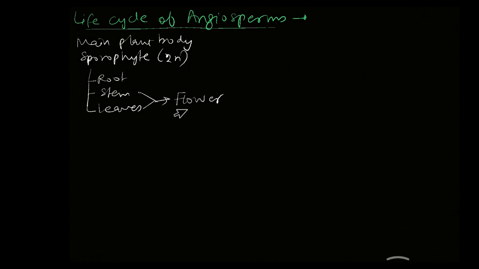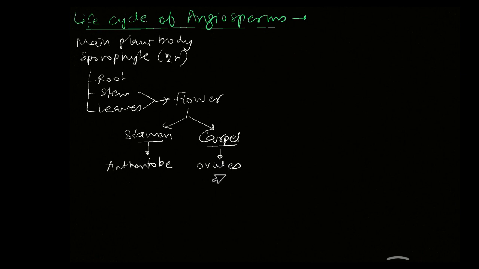On the flower, the male reproductive part, which is known as the stamen, and the female reproductive part, which is known as the carpel, are formed. In the stamen, the anther lobe is present, and in the carpel, the ovules are developed.